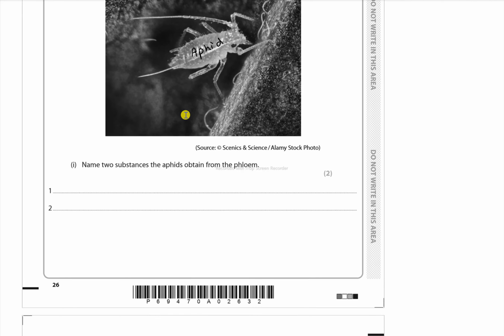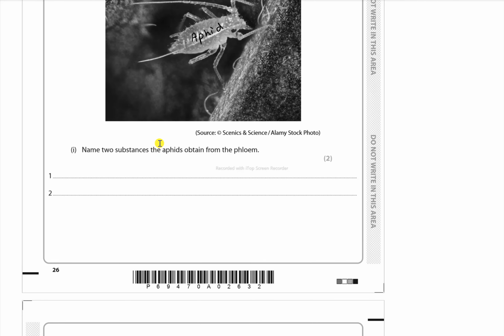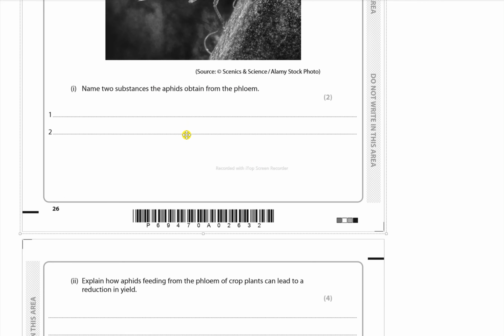Right. Name two substances that are found in the phloem. So you're going to end up with sugars, and the one in plants you're going to find that's floating about is sucrose.